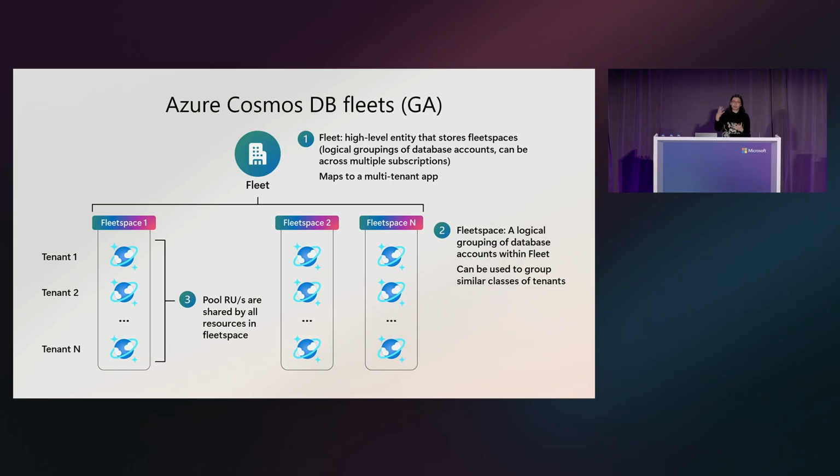So you can group your similar types of customers into a group called a fleet space. And in that fleet space, you can configure the optional pool of throughput, which will be shared by all the resources inside. This is now generally available, so if you haven't tried it out, please check it out, especially if you're building any kind of multi-tenant application where you have this typical traffic pattern.